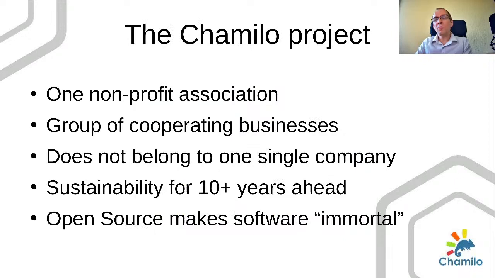The Chamilo project itself is composed of one non-profit association and a group of cooperating businesses or universities that participate in the development of the application. The association protects the open source aspect of the software, while other organizations can connect to this association to collaborate on the project itself.